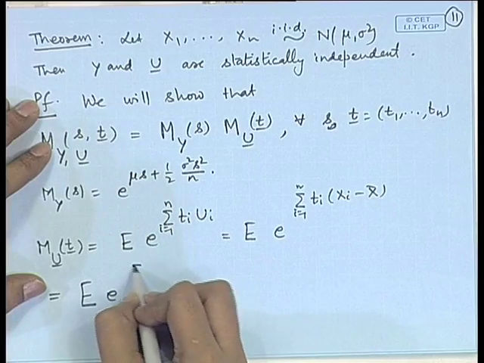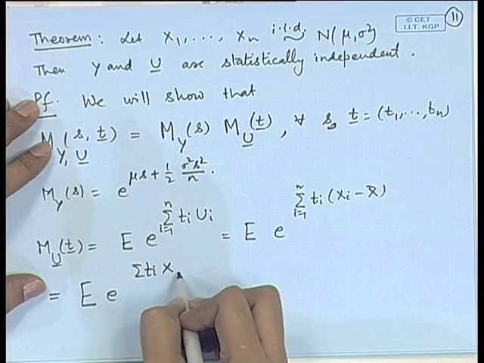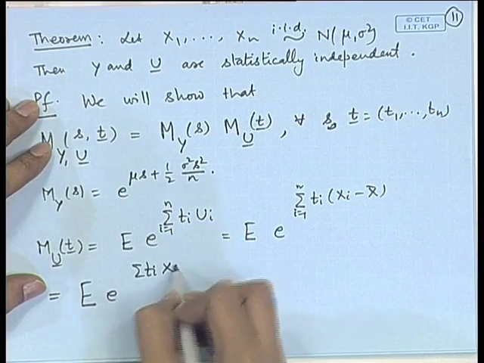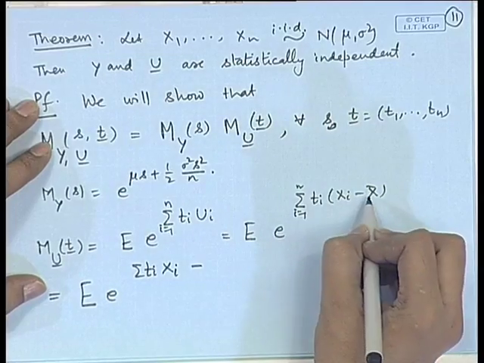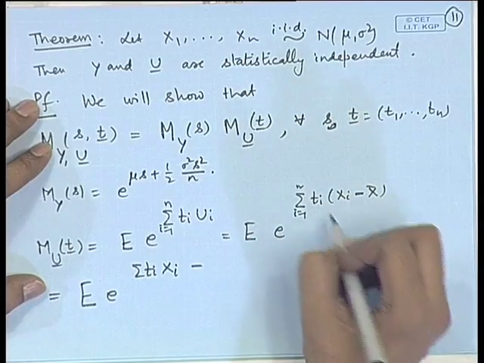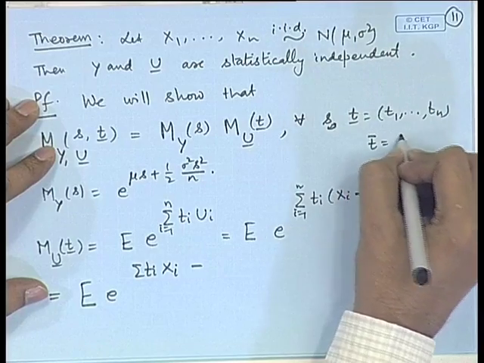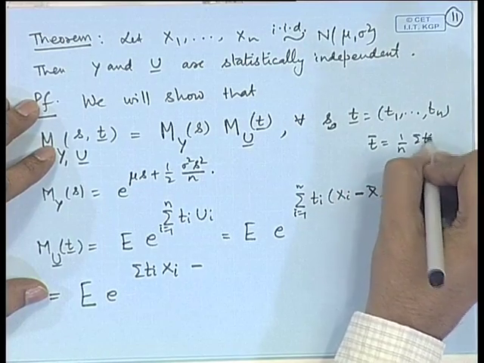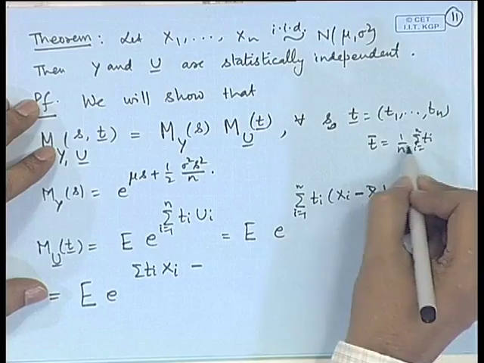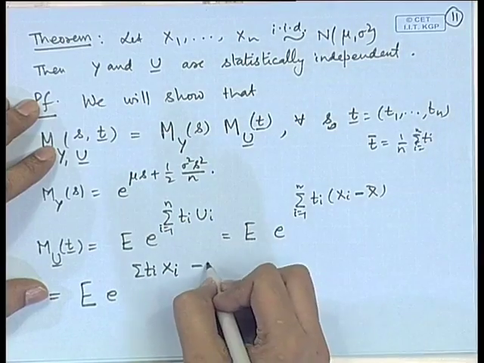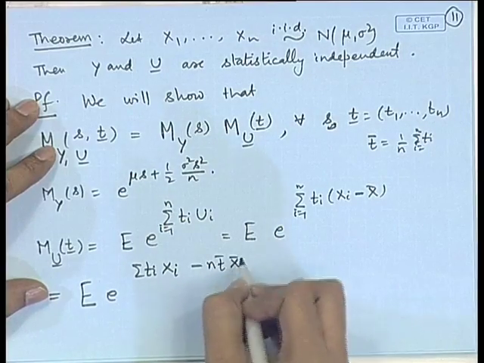So, this becomes expectation of e to the power sigma ti Xi. Now, the second term here is minus X bar into sigma ti. So, we use a notation say t bar as the mean of the ti's. So, sigma ti becomes n t bar, so n t bar X bar.